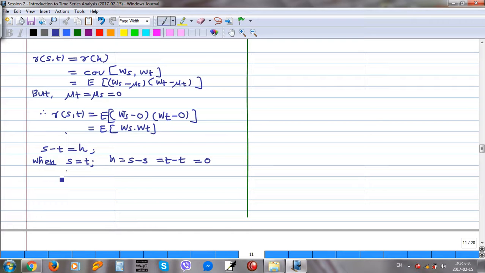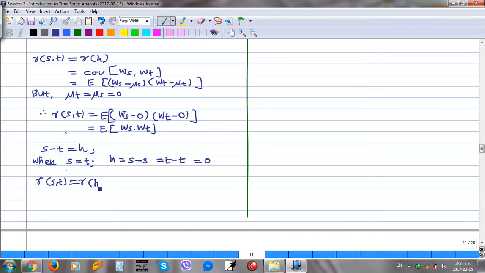Then now h equals 0, then we can write gamma s comma t. We are normally taking gamma h, so when h equals 0, we can write gamma 0. Before that, if you like, you can write gamma h also here.